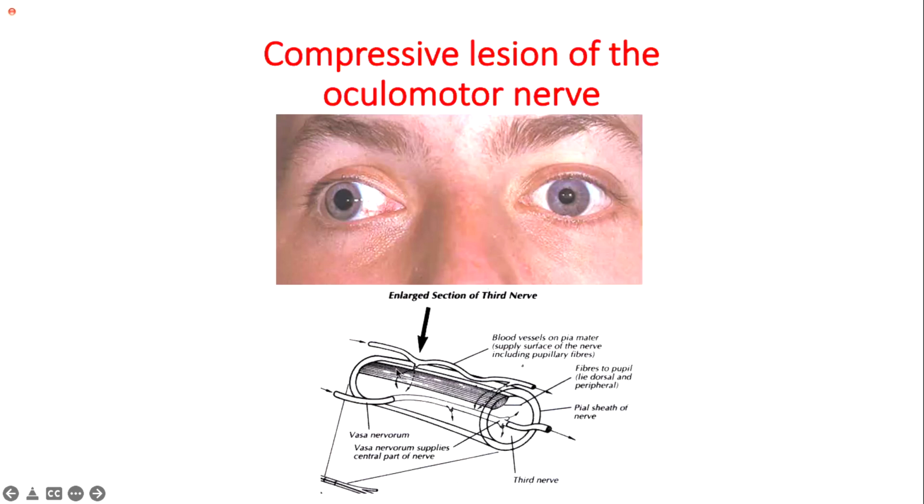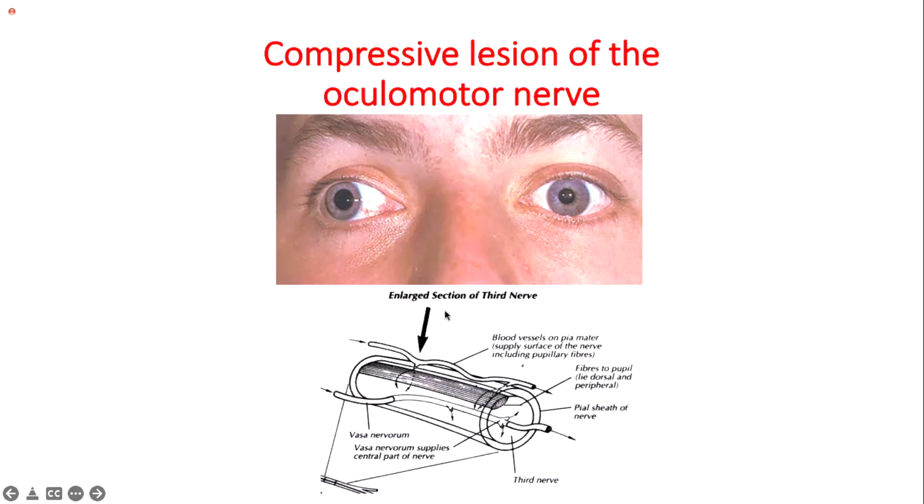The difference is that the parasympathetic fibers get the blood supply through the vasa nervorum, plus they have an additional blood supply. So if you have a medical third nerve, meaning anything that causes ischemia to the nerve and therefore a third nerve palsy, most commonly diabetes mellitus, the parasympathetic fibers are spared because they have an additional blood supply. Therefore, the pupil is never dilated.